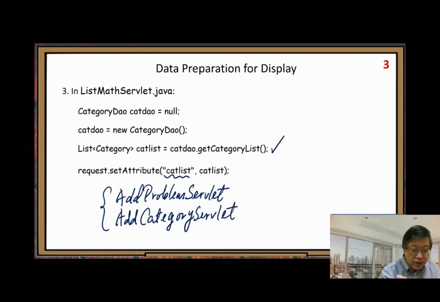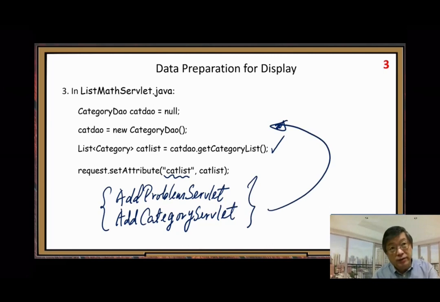In these two servlets, we will do similar things. Because after you add a problem, you need to prepare this data, right? After you add a new category, you need to get a current list of all categories, right? What we do is basically similar to this part, so I do not need to repeat it. So we can easily make that part.